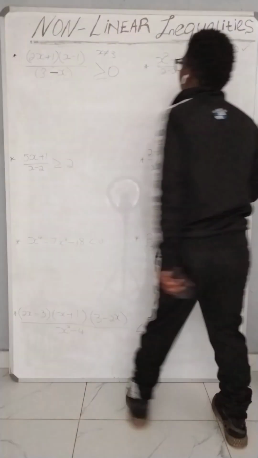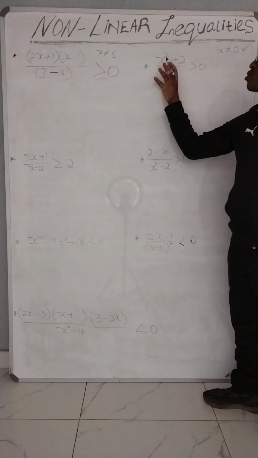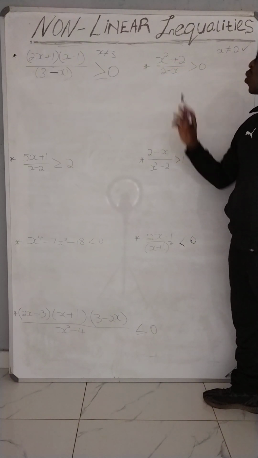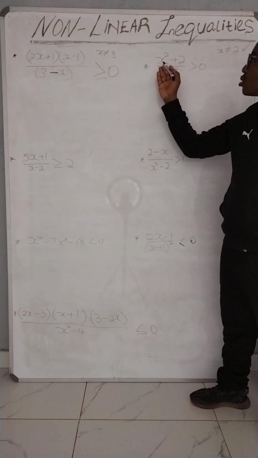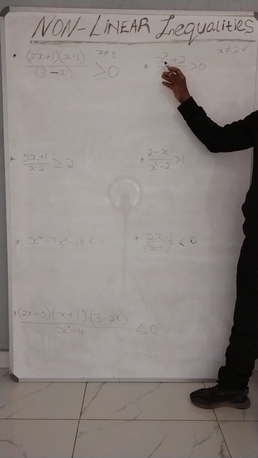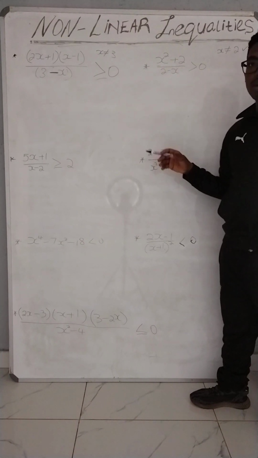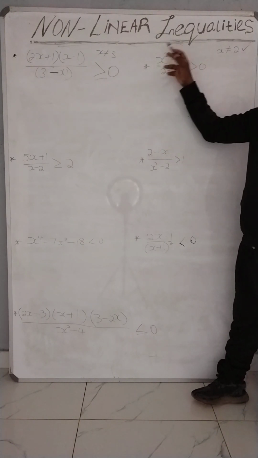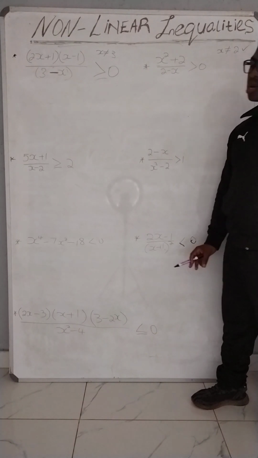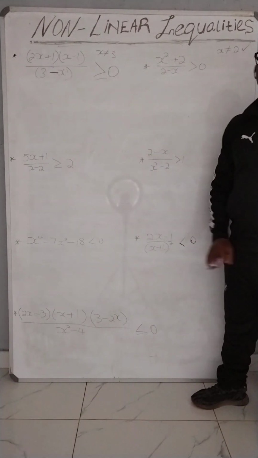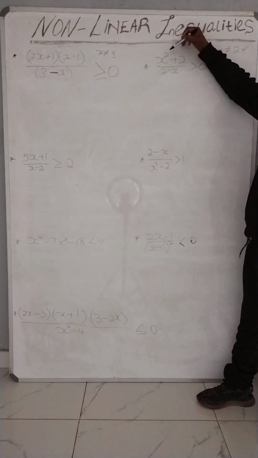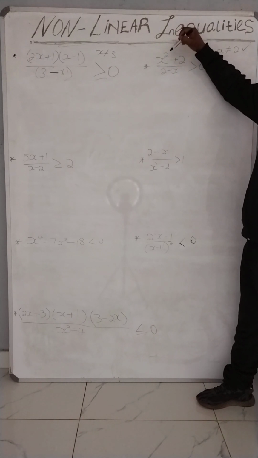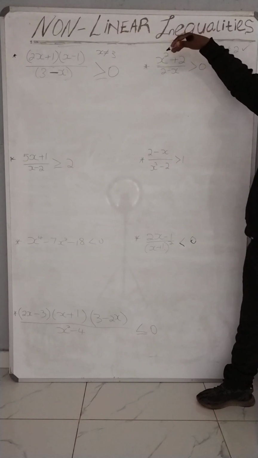Now walk with me. For x squared plus 2, whatever value you put for x in the numerator, your expression will always be positive, whether you put negative 100 or you put 0 or whatever, because of the square, whatever value you put in there is going to be positive.